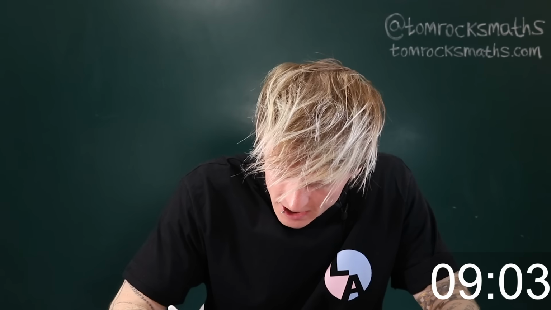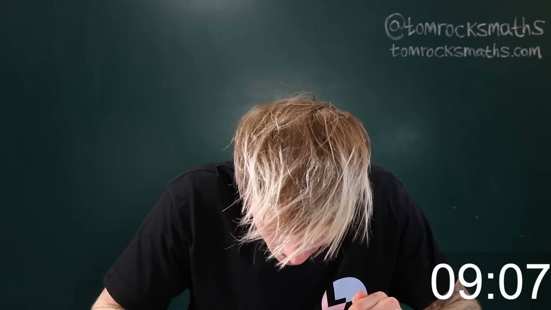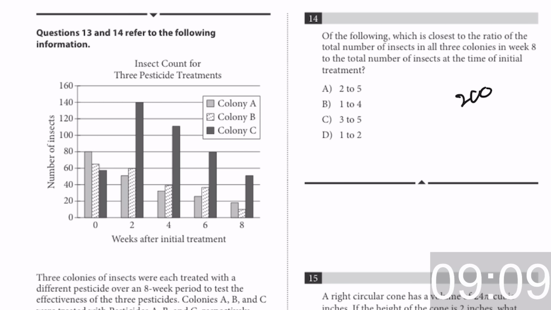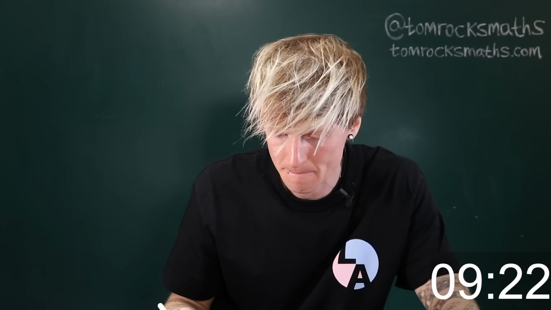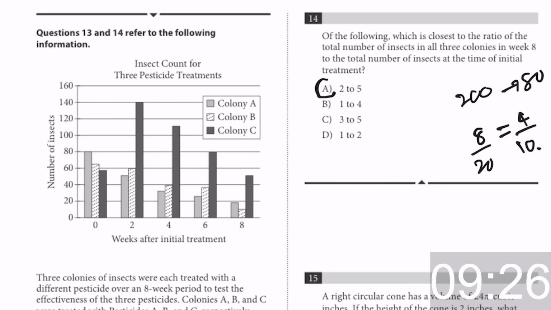So I think initially there's 200, about, and then at the end there's like 50 plus 20 plus 10. So there's about 80, so it goes from 200 to 80. So that's 8 out of 20, which is 4 out of 10, about 40%. So, which is 2 to 5. So I think it's going to be A. Approximating, I'm going with A.